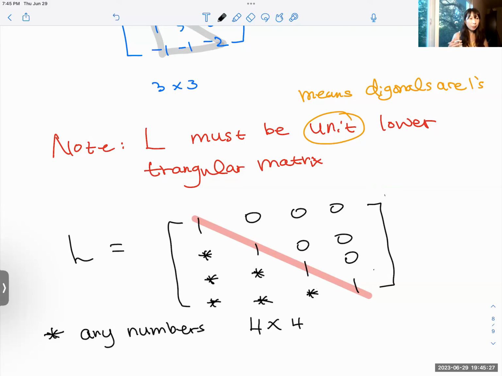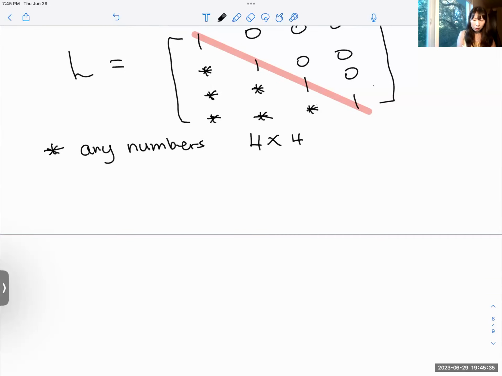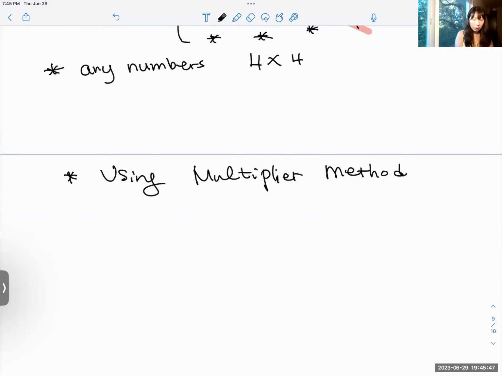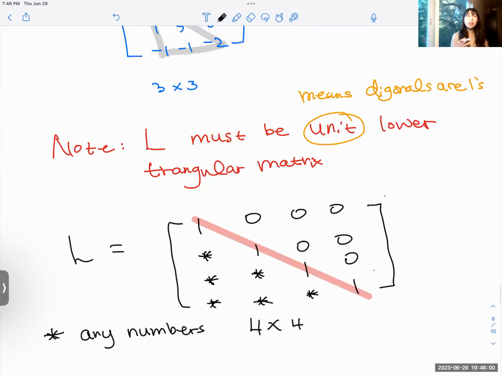How do we do it? We're going to use the multiplier method. Let us do 2 by 2, and then 3 by 3. One more note: we cannot use the interchange row operation.